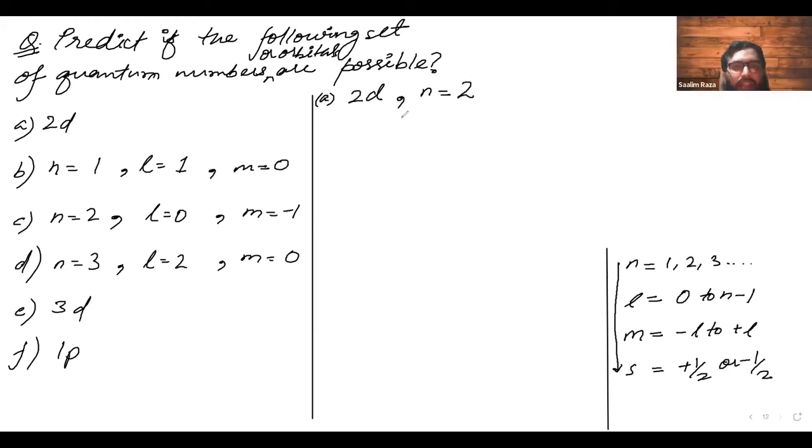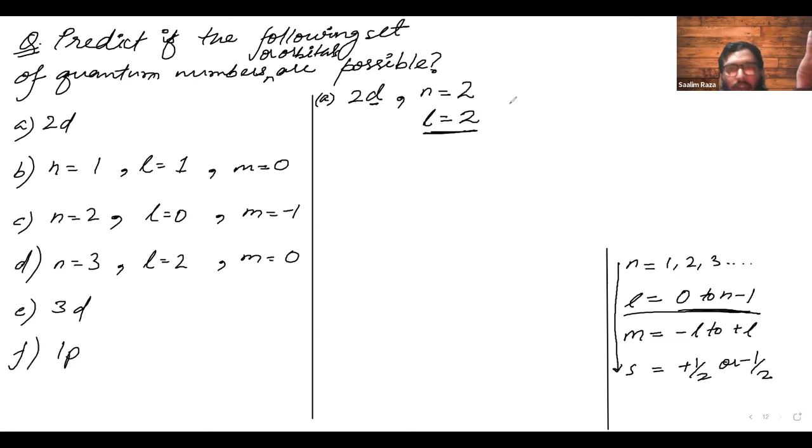Then you check the subshell is D, so L is equal to 2. Now you check if this matches the criteria or the formula of L. What you see here is that it is not possible.